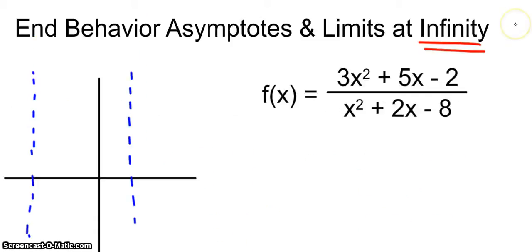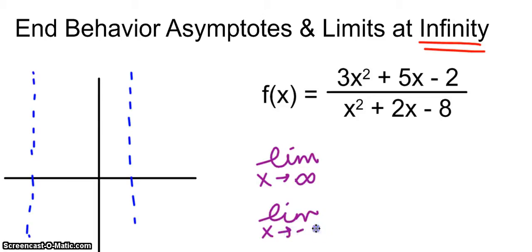Limits at infinity, we're going to be looking at infinity that we're approaching, or negative infinity that we're approaching, and we are going to be equal to some number, either the coefficients, 0, or potentially plus or minus infinity if you had a slant asymptote.